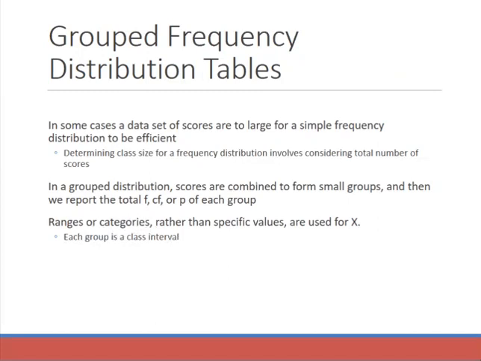So for example, if the scores in my class range from 51 to 96, the lower real limit is actually 50.5 and the upper real limit is actually 96.5, which gives us 46 possible scores. So a simple frequency distribution would require 46 rows, which would be way too much. When we do a grouped frequency distribution table, it makes things much simpler.